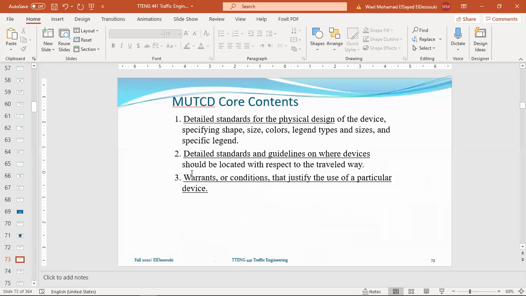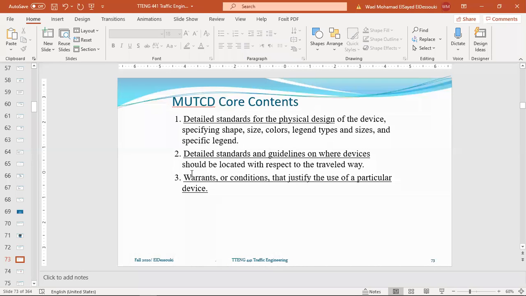What are the core contents for the MUTCD? The core contents for MUTCD detail the standards for the physical design and detail the standards for guidelines on where the devices should be placed, and the warrants. What are the warrants?